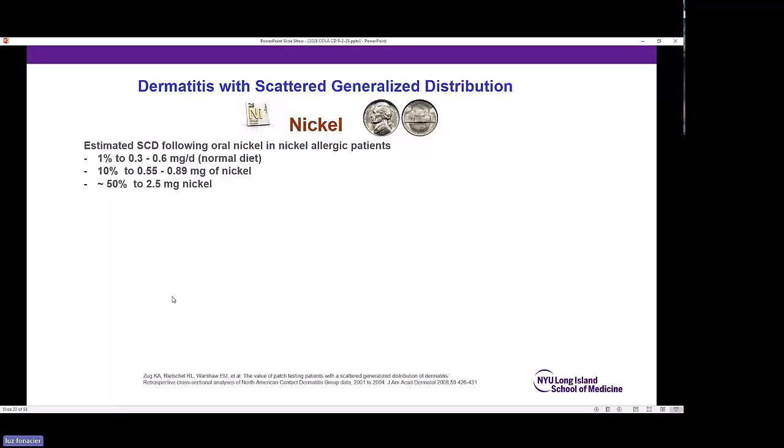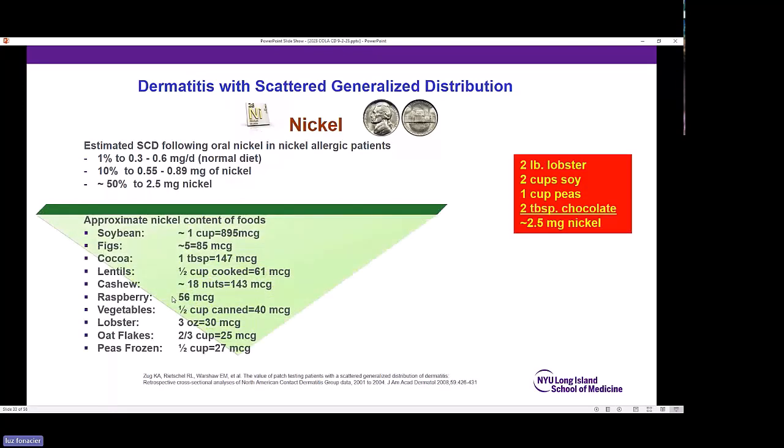Whereas a high diet, which is about 2.5 milligrams of nickel, about 50% of nickel sensitive patients can develop systemic contact dermatitis. So how do we translate that to food?